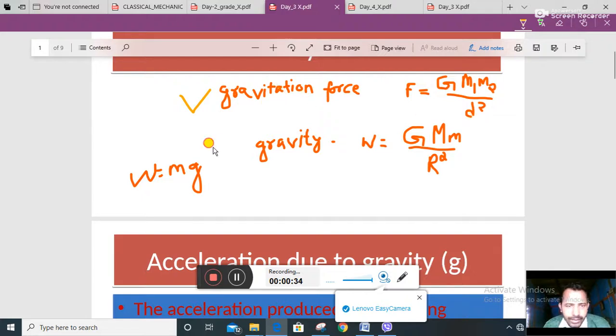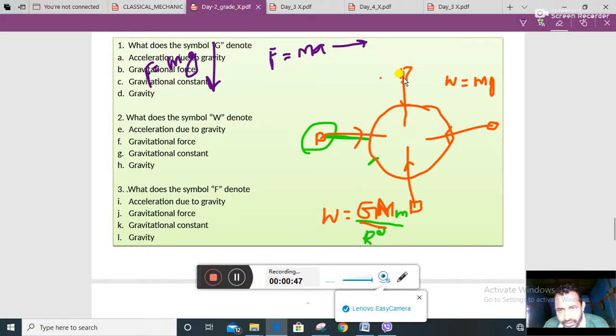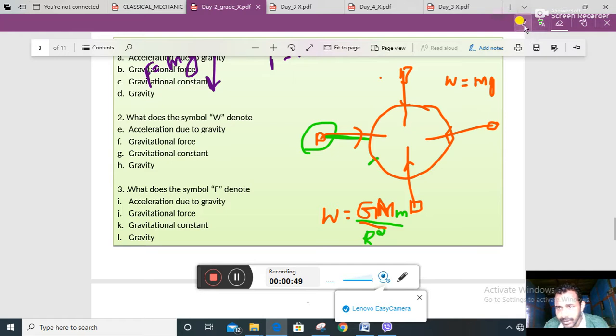Next we have learned gravity. Generally we say gravity is the force of attraction between an object and a planet towards its center. I want to show you the figure from here. This is an object, and it is attracted. This object has mass small m, and this capital M is the mass of this planet.